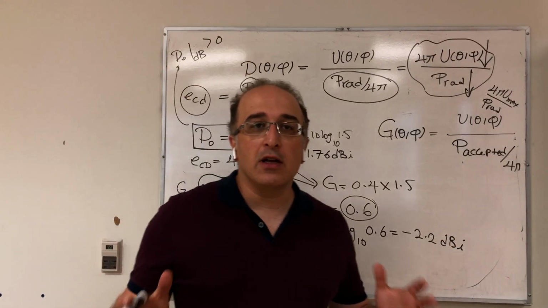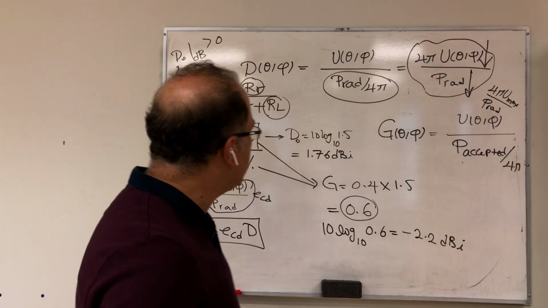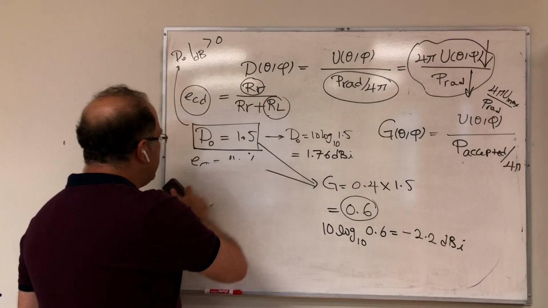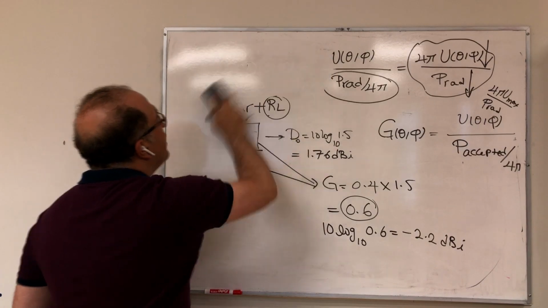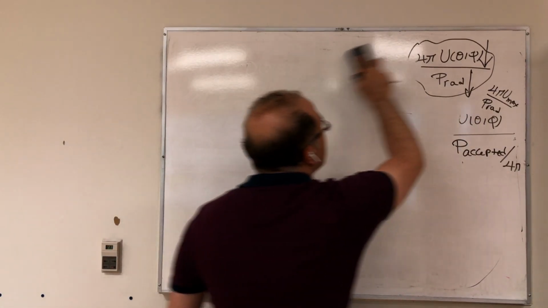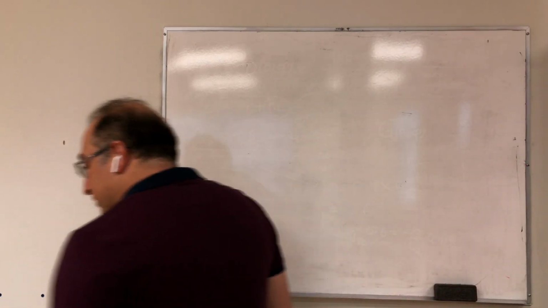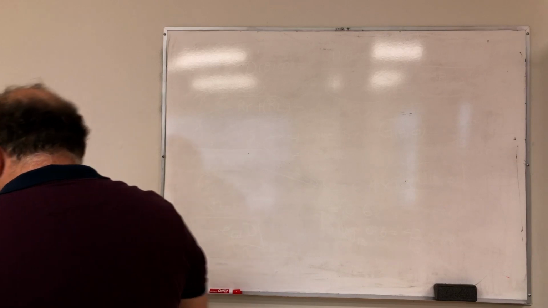Okay, let us now consider one example and try to solve this using an example. Let me start my example by giving a radiation intensity and then asking you to find the directivity associated with that.